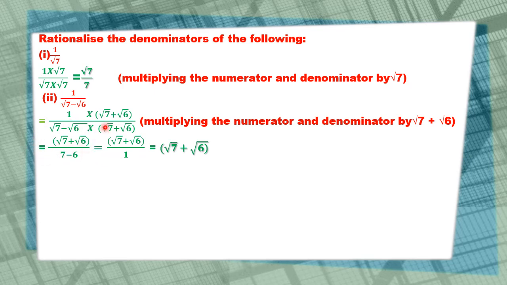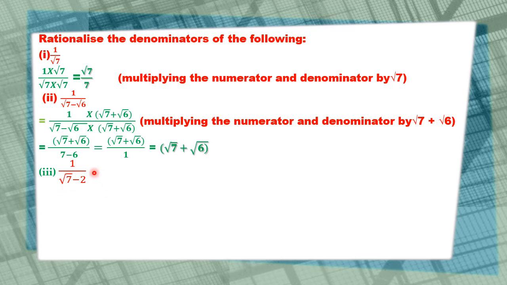In the numerator, we are having 1 into root 7 plus root 6, which is root 7 plus root 6. I already mentioned, we are concerned with rationalizing the denominator. You need not worry about the numerator. The numerator can have an irrational number. So the solution is root 7 plus root 6.